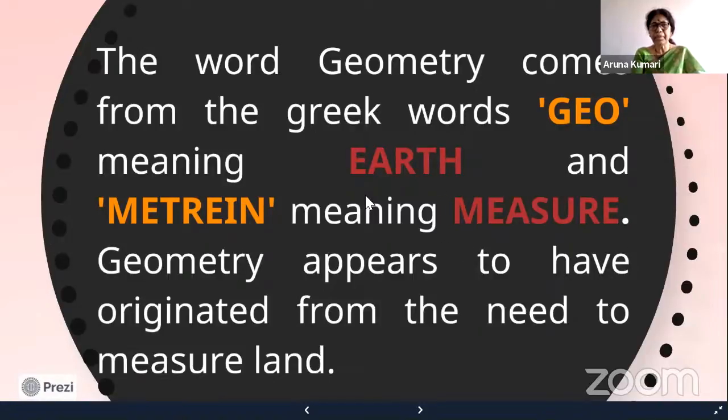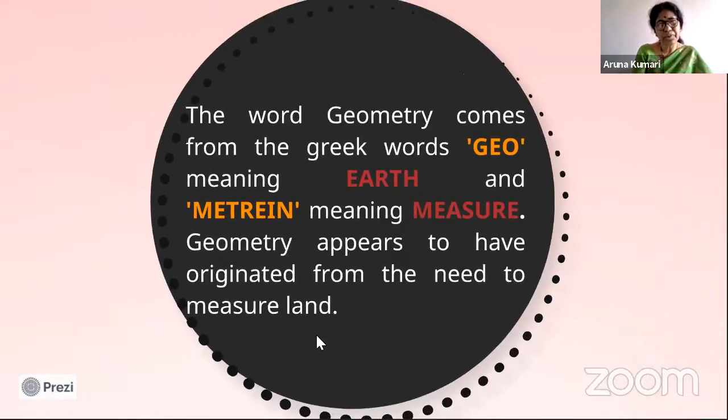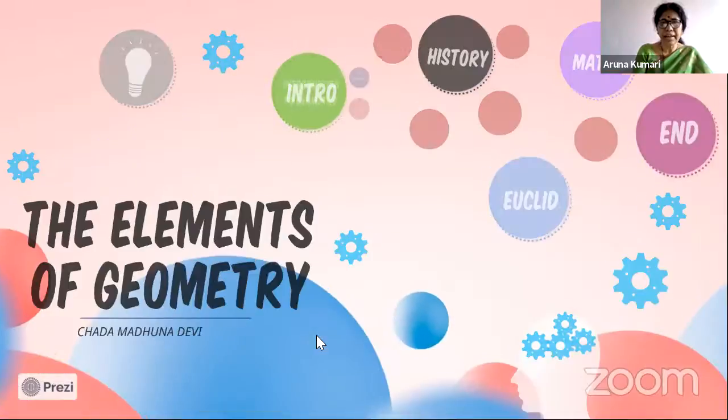Here, geo and metrein both are Greek words. The meaning is nothing but earth measure. That means geometry appears to have originated from the need to measure land. In those days, geometry was used to measure the land. Okay. Next.